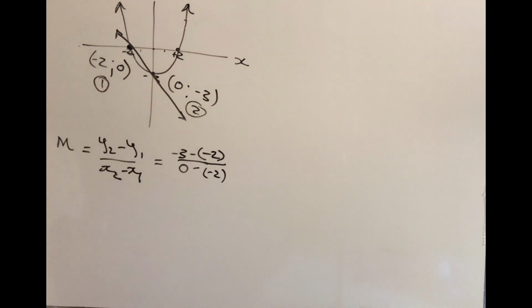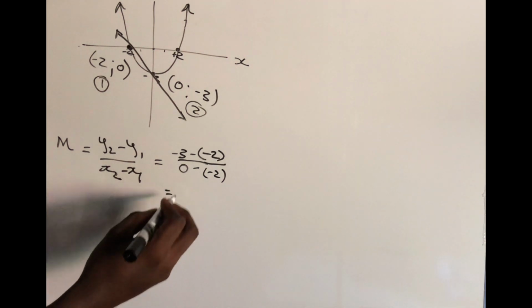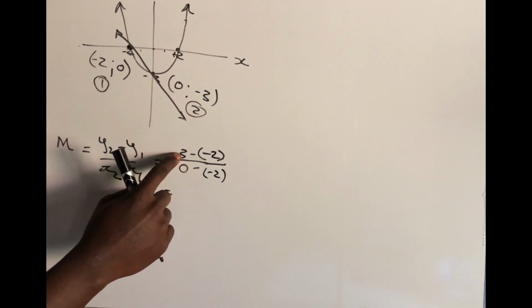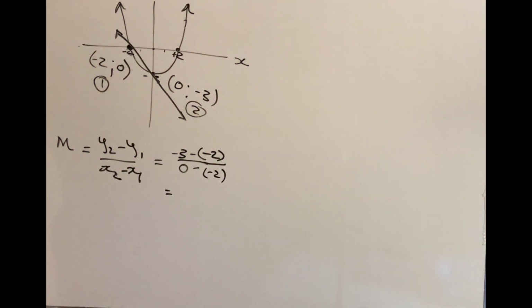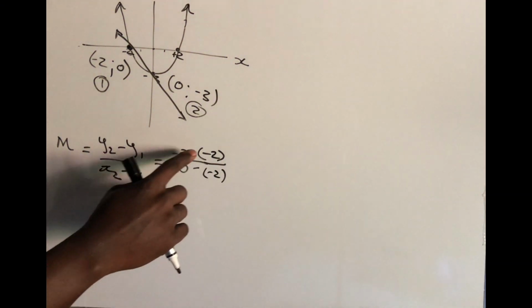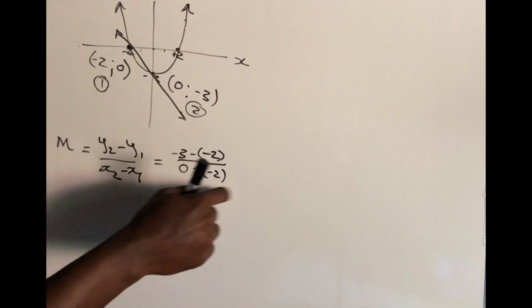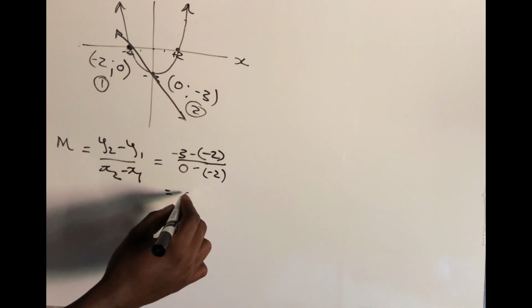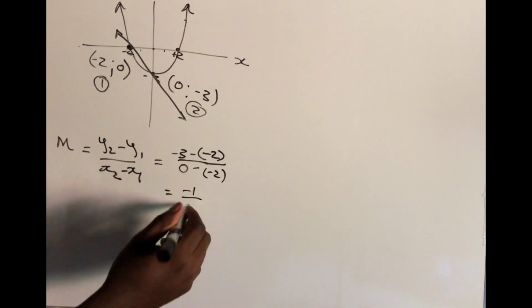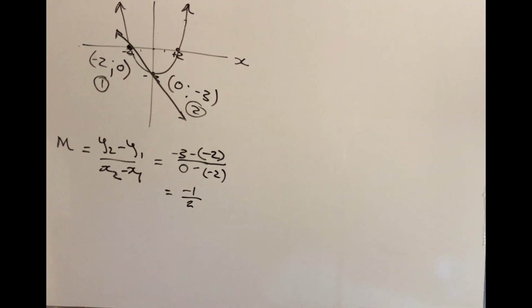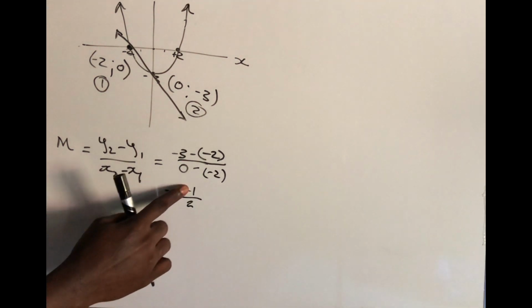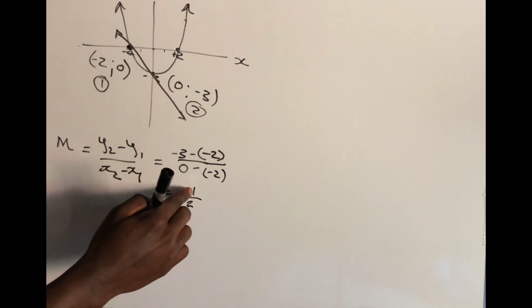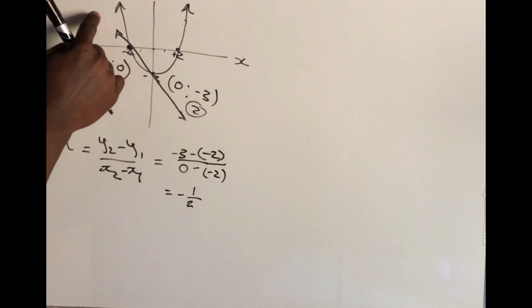And then we can see now that we have negative 3 plus 2. You can simply punch this on your calculator. You're gonna get negative 1 over 2. So the gradient is what? Negative half. Since it's negative, that means it's decreasing here.